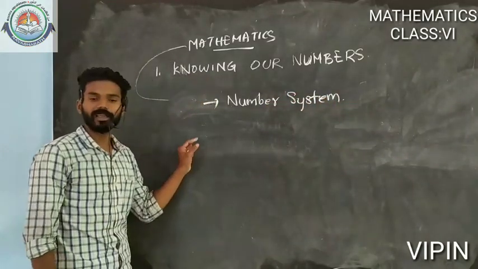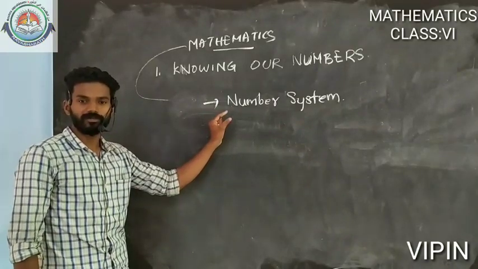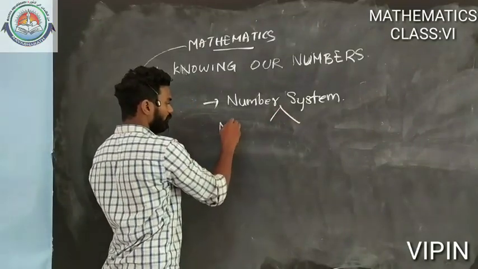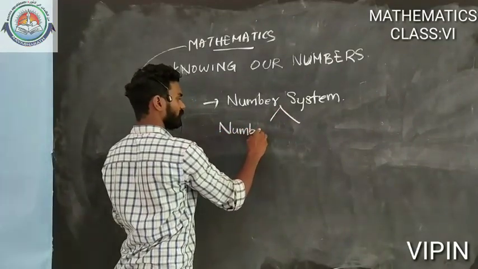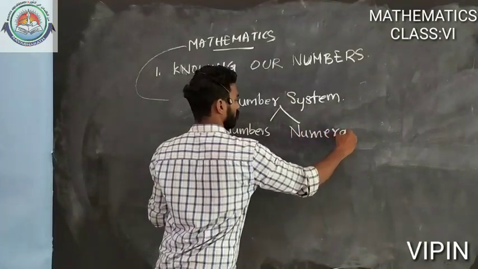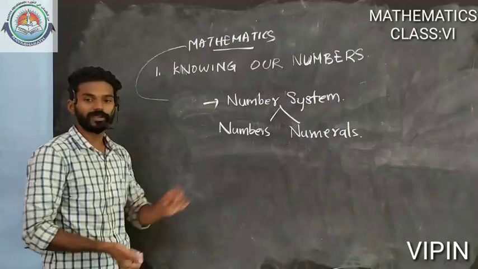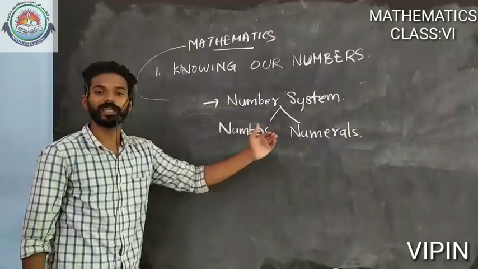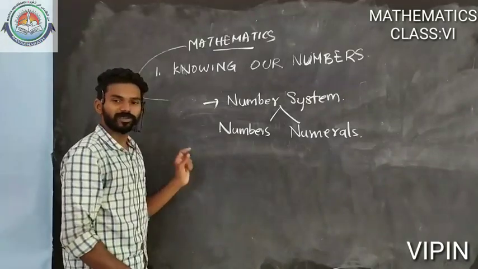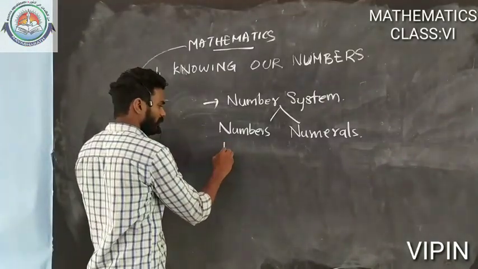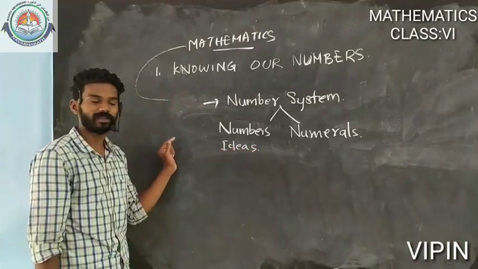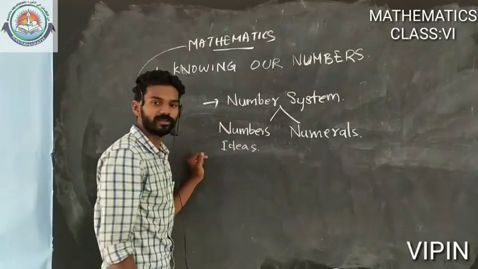On considering a number system, the basis of a number system is numbers and numerals. So the base of a number system is numbers and numerals. Clear? So what are numbers? Numbers are basically some ideas. And what are numerals?